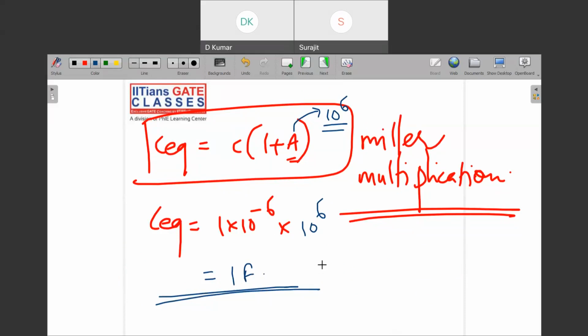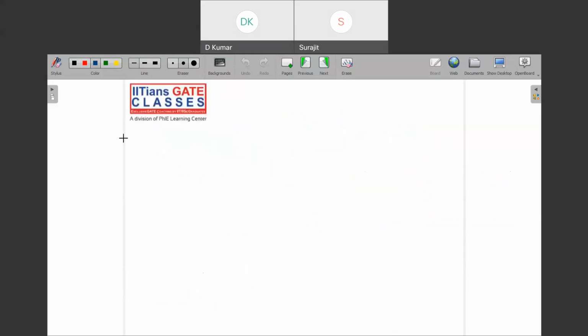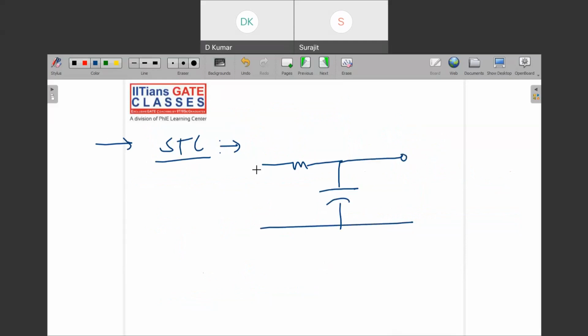If I talk about any STC network, STC, I mean single time constant network, that is a simple RC circuit, right? This is a very, very important circuit. First order, this is known as single time constant circuits.